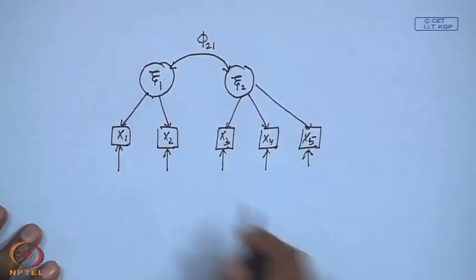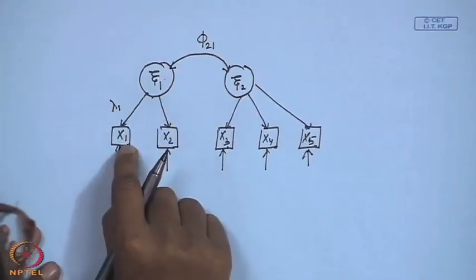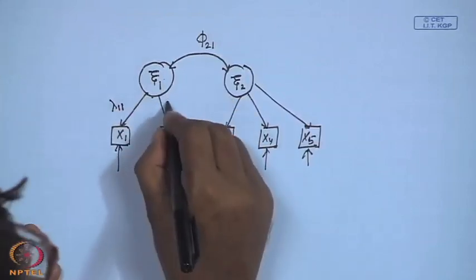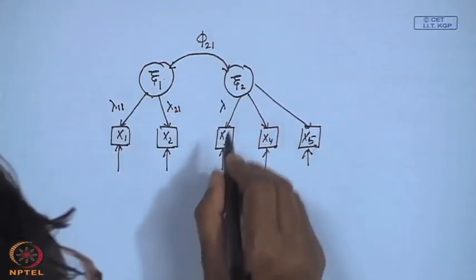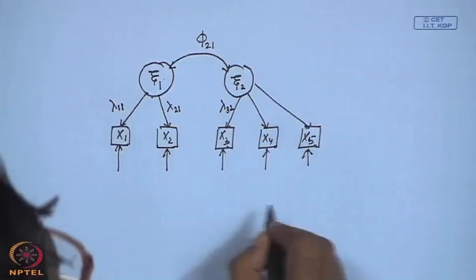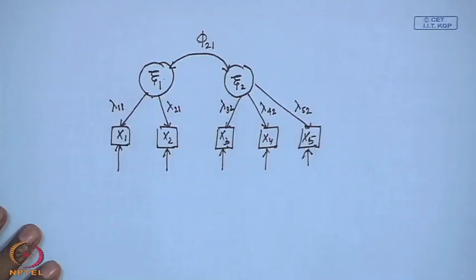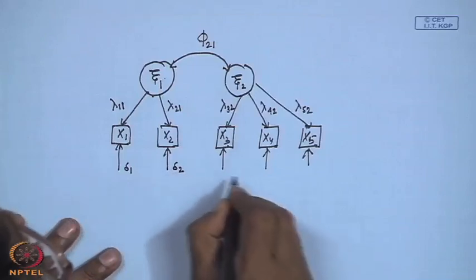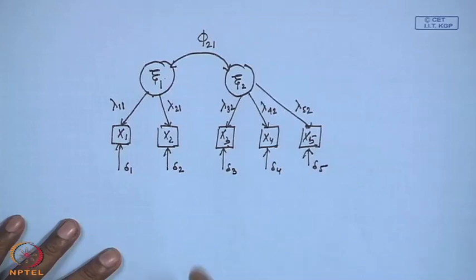Now, if I write lambda, for x1, affected by xi1, lambda 1 1, x2 affected by xi1, lambda 2 1, then lambda 3 2, lambda 4 2, lambda 5 2. Okay, so this one will be delta 1, delta 2, delta 3, delta 4, delta 5. And this is what you have seen in confirmatory factor analysis.